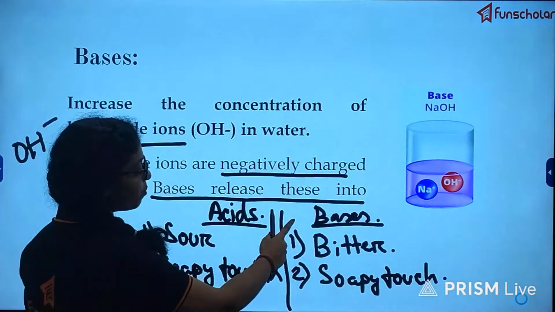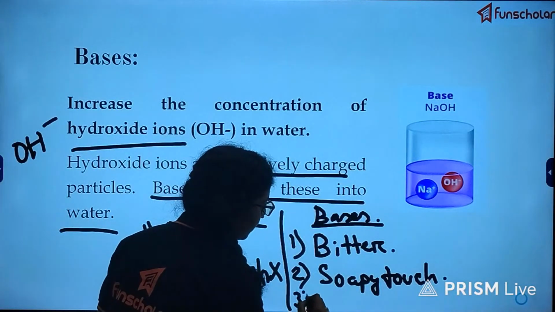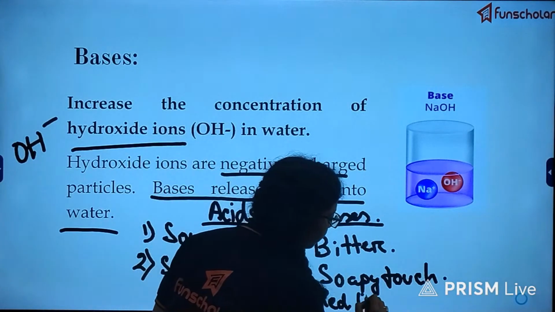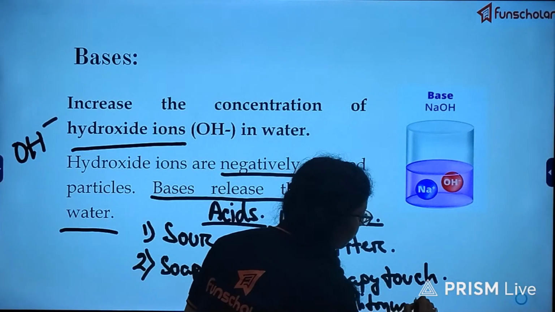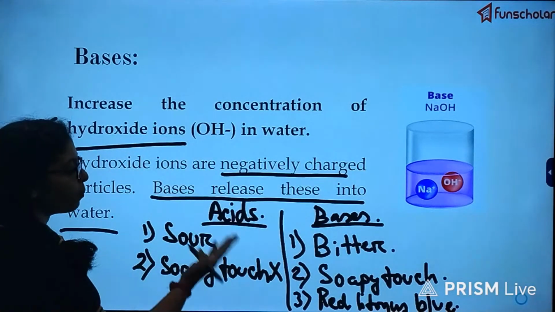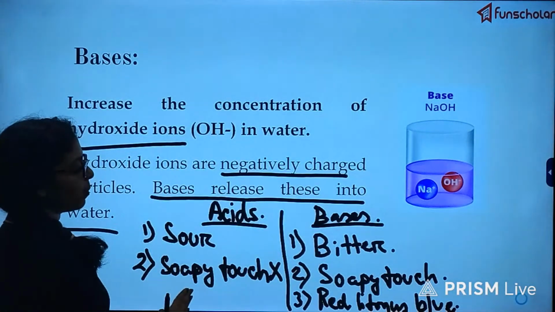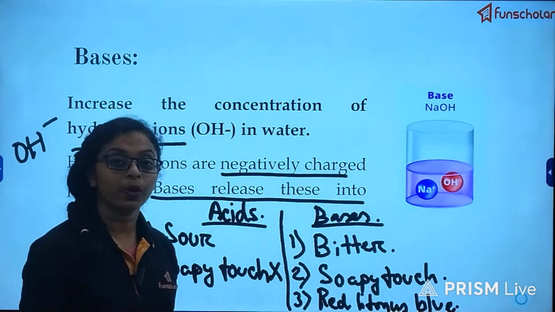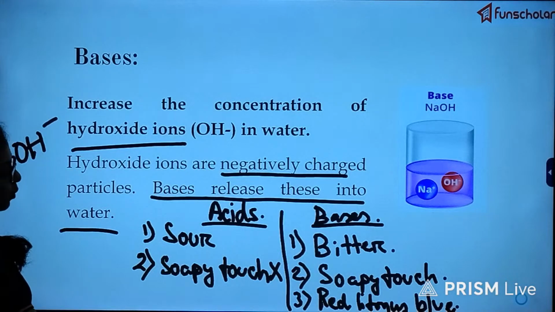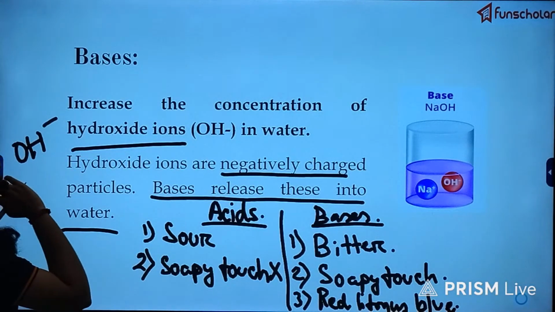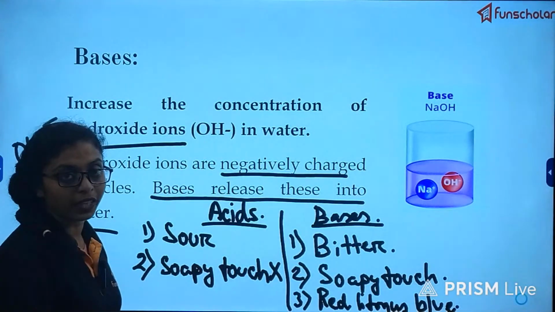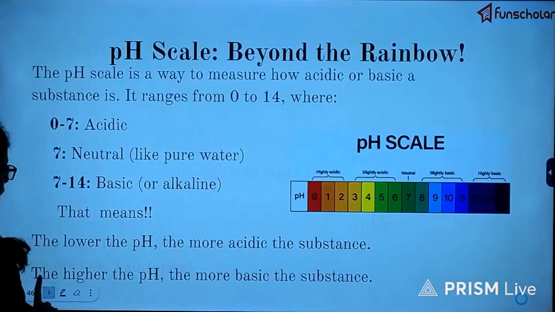When it comes to acids, the red litmus paper will become blue, but when it comes to bases, the opposite will happen. The blue litmus paper will change into red. So here are some of the opposite properties, and also acids give H plus ions and bases give OH minus ions in water, right?